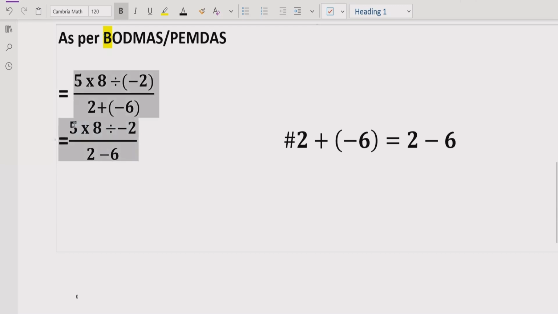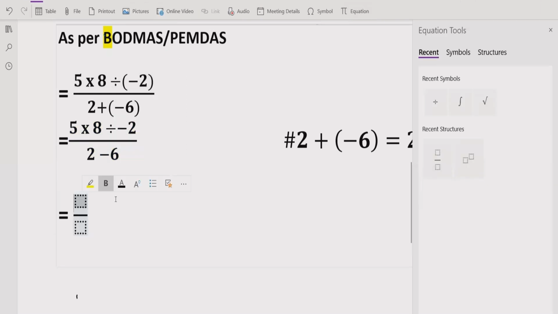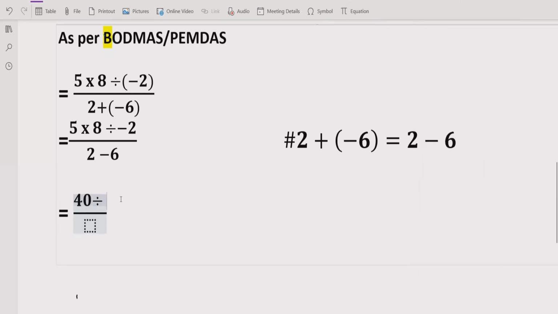So we will write this part. We will solve 5 multiplied by 8. So here we will write 5 multiplied by 8 is 40, divided by -2, and in the denominator we will write 2 minus 6 as it is.